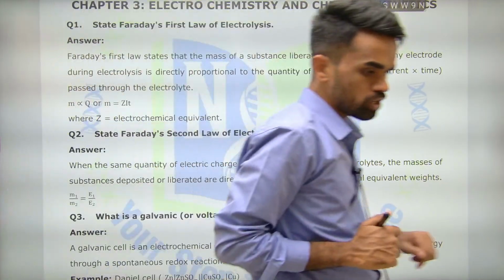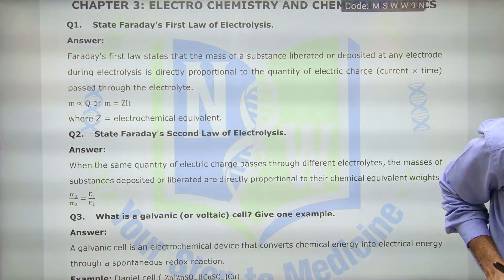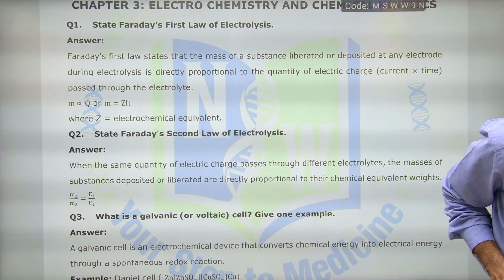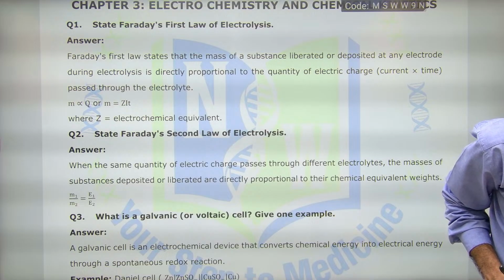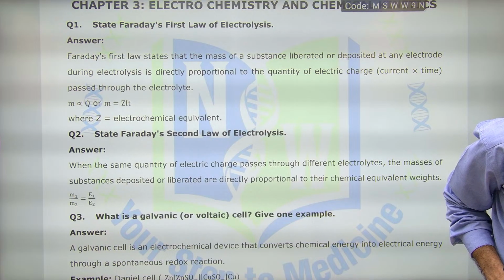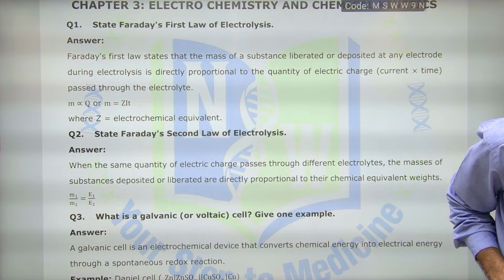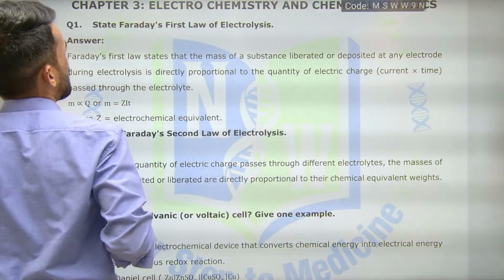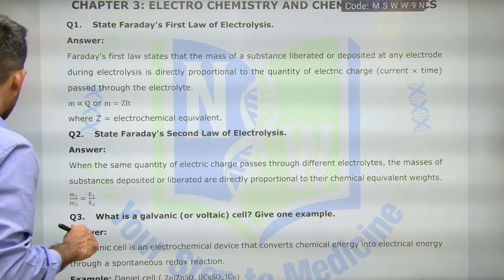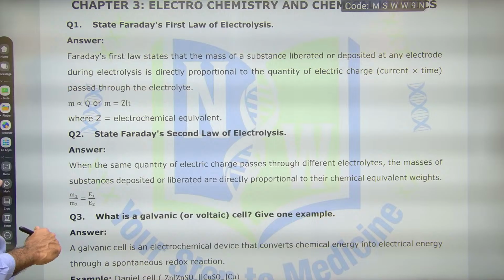So read the question now. Now it's clear, I think. The question says: state Faraday's first law of electrolysis. So what is the first law of electrolysis? Faraday's first law of electrolysis.